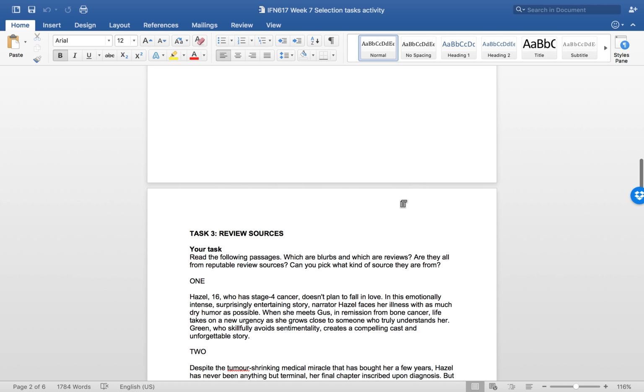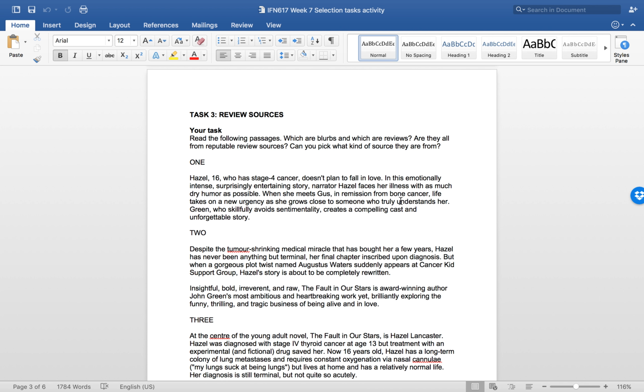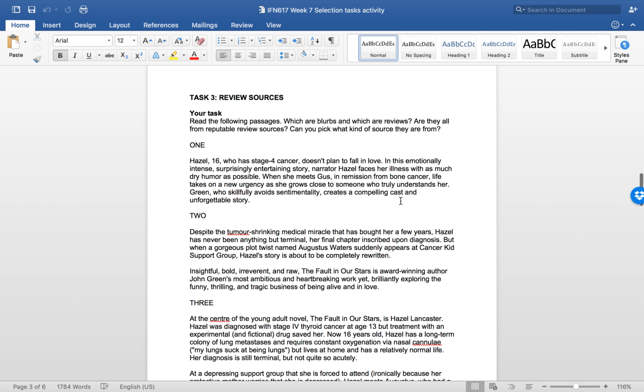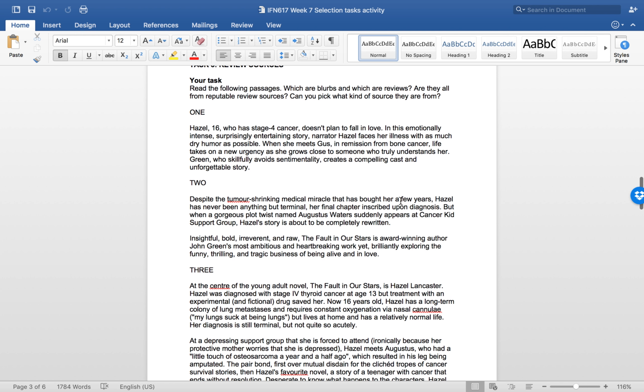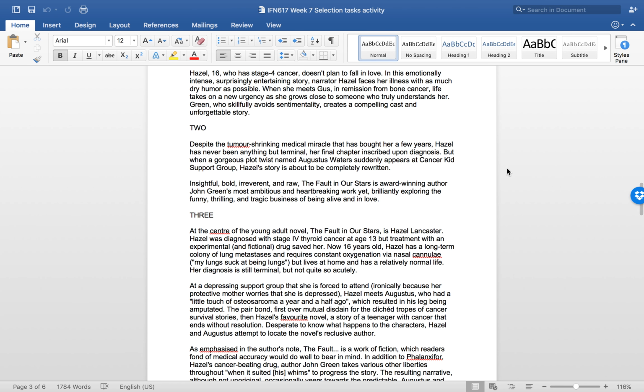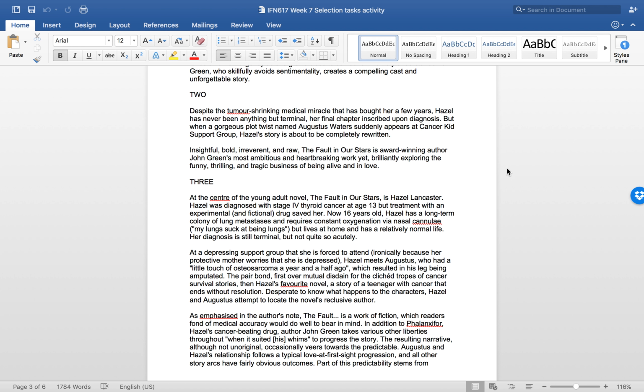The third one, where we talked about review sources, this was one that lots of people found really interesting. So we knew that the first two were sort of more blurbs, we thought, from the back. The third resource actually comes from The Lancet, which is a renowned medical journal, which is really interesting that it got a review in The Lancet.